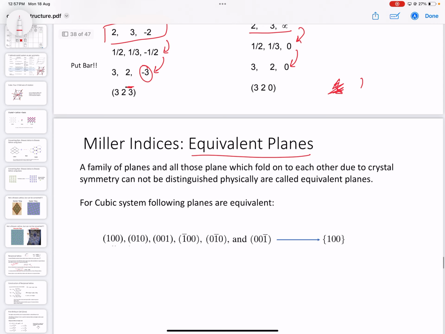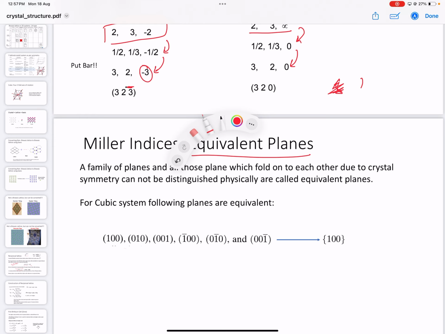So in the cubic system, since the cubic system has this threefold body-centered axis of rotation symmetry, these are the equivalent planes. So the question is, how do you know which are the equivalent planes? You can just check it on the internet, or when you are inventing and making some new crystals, the crystallographers take great care over which are the equivalent planes.